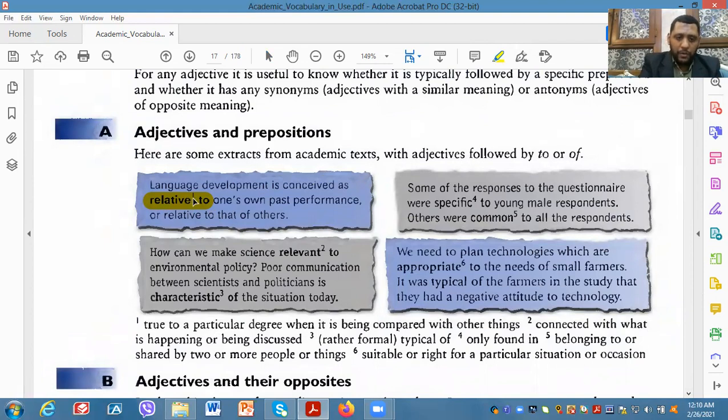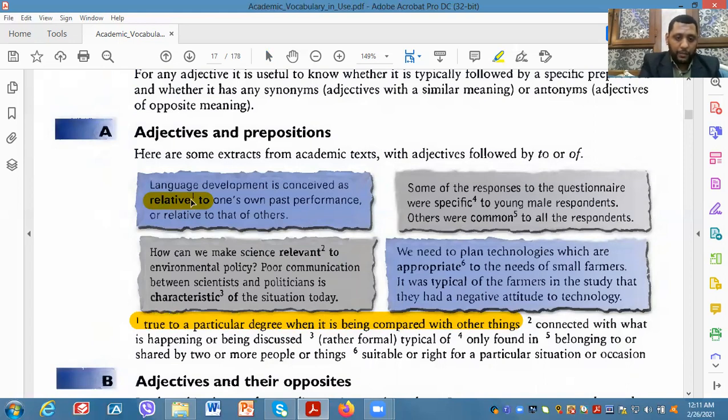I want you to notice the small number that was written above the word relative. We need to track this number and go down where the same number can be found, so that it would give us the definition of that word. So, for example, we're talking about relative to, right? Relative, and there is number one above it.